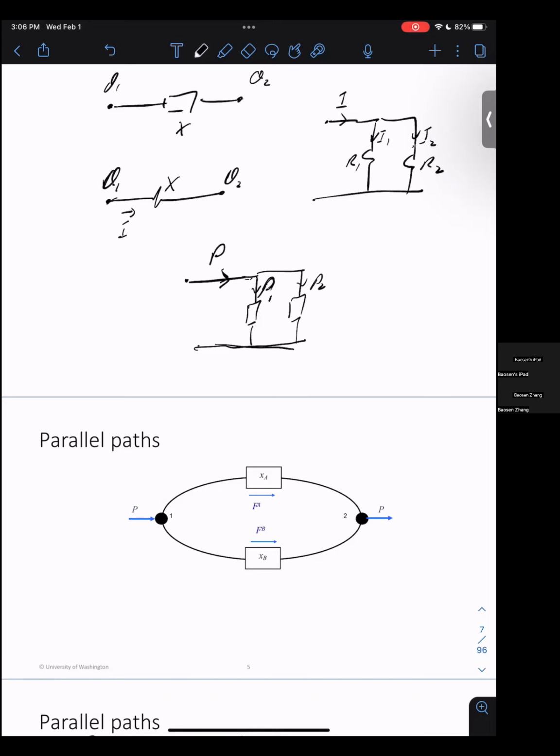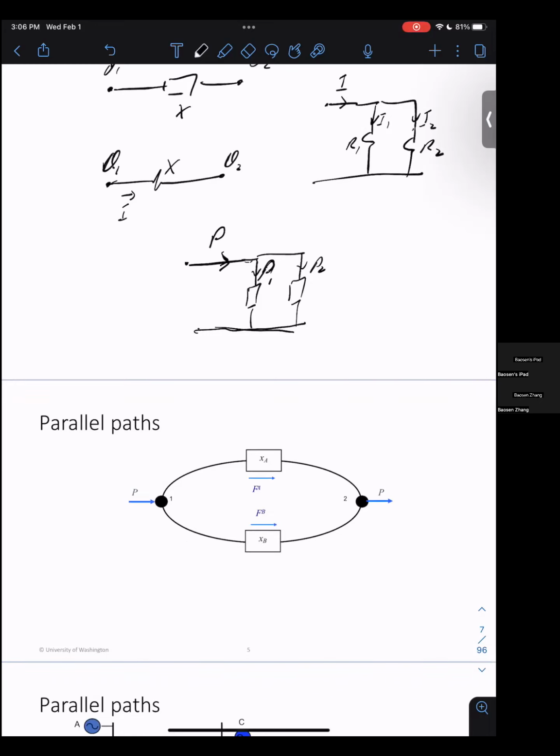Now you say, I want to double the amount of power that can go from 1 to 2. What you do is you build another transmission line parallel to it. The reason it doubles is that there's a power division here. Normally when you build parallel lines, power divides, each of them can carry more power, and the exact division depends on the reactance of the line. So this is our current divider.